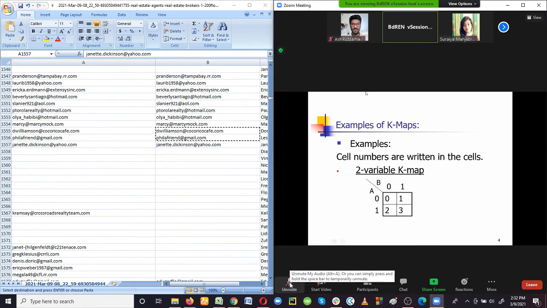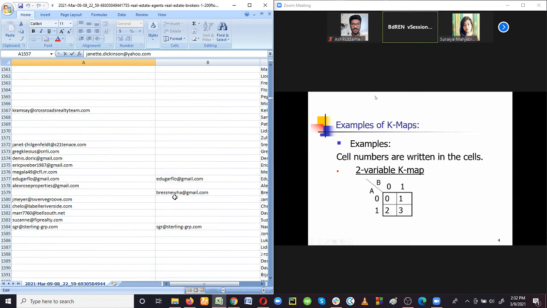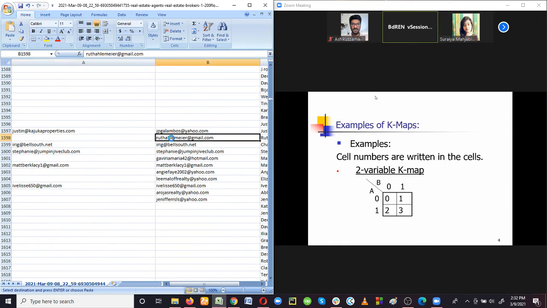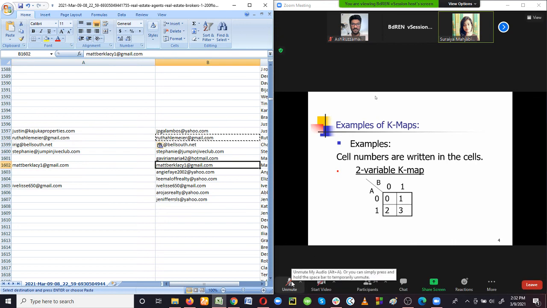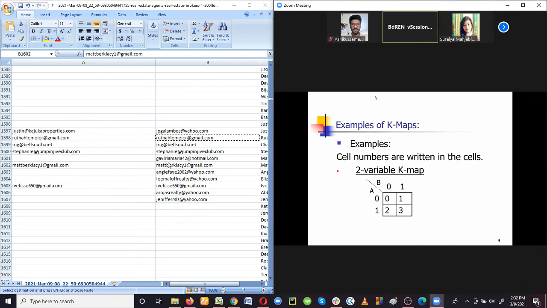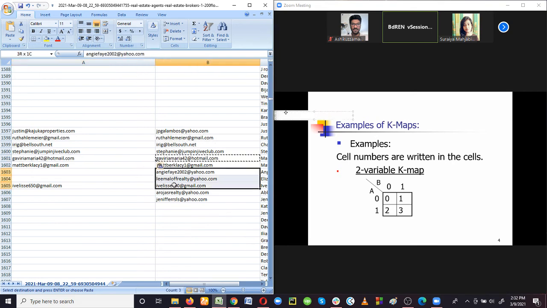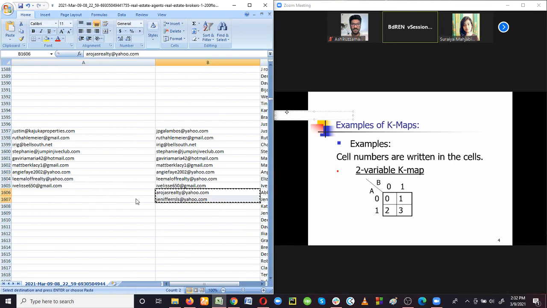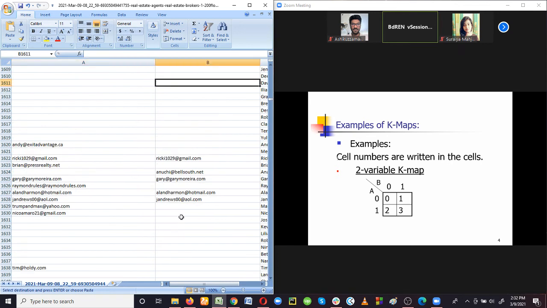If there are two variables, how many cells should there be? 4. Why? Because 2 to the power n: if we use n variables, our number of cells will be 2 to the power n, so 2 to the power 2 is 4.